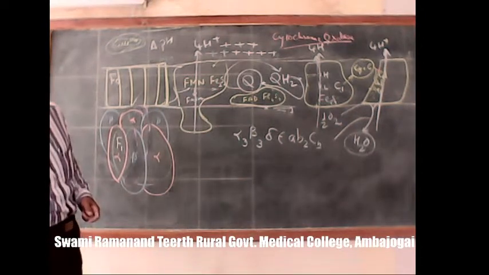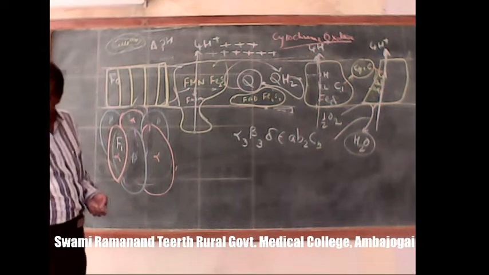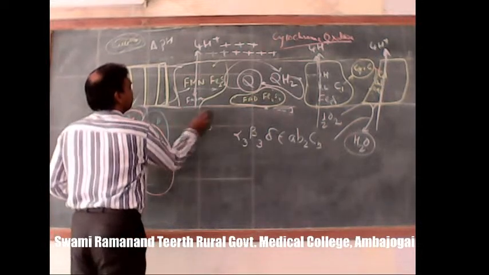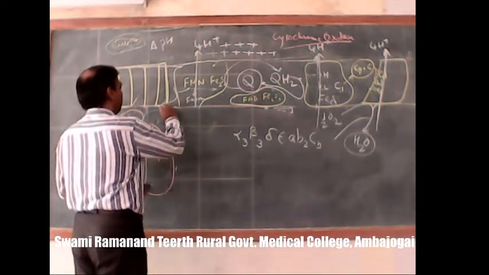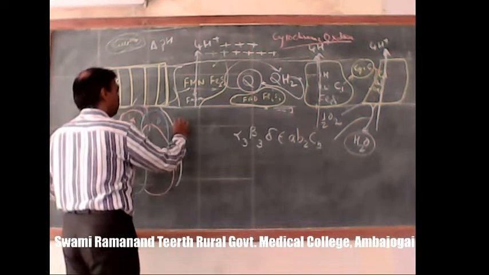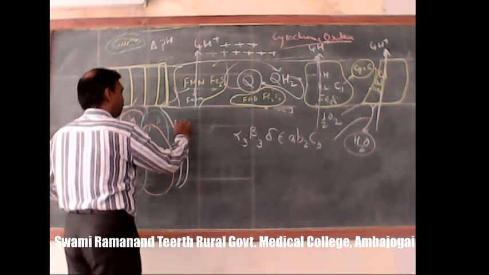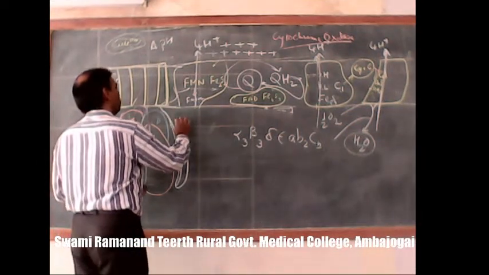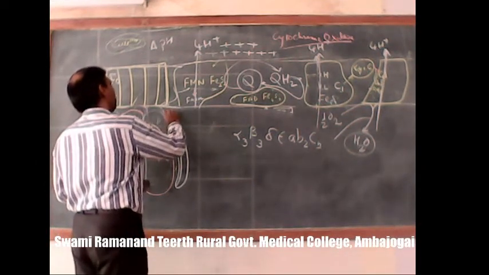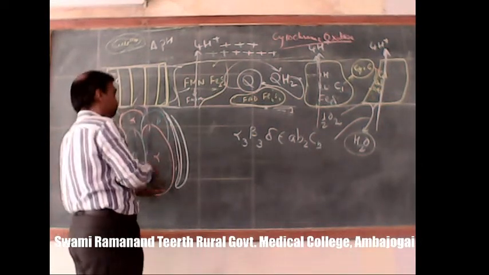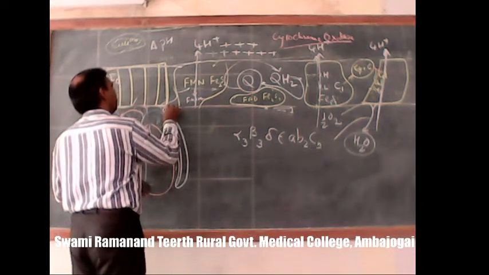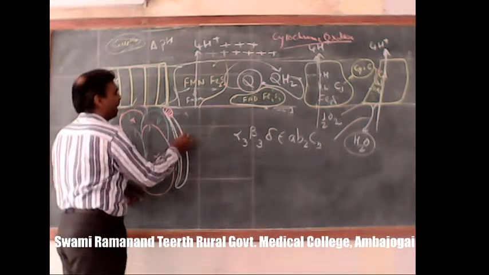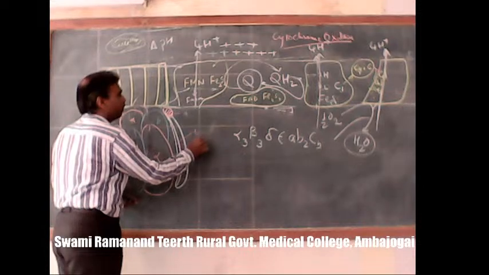Now this is held to the cell membrane with 2 units. So this is the A unit and these are 2 B units.